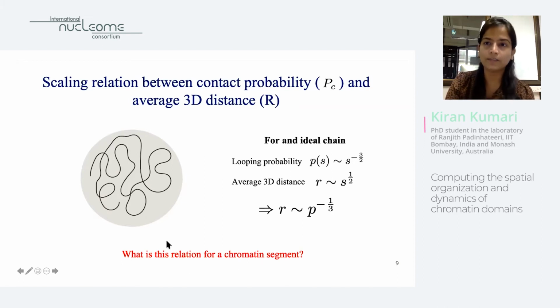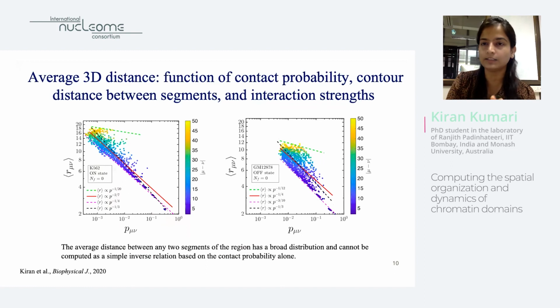Now, as we have done the inverse Brownian dynamics and fetched the interaction strength, we can go ahead and understand this relation for a real chromatin segment, the alpha globin gene in the on and off state. Here on the y-axis I'm showing the spatial distance, and the x-axis represents the contact probability.